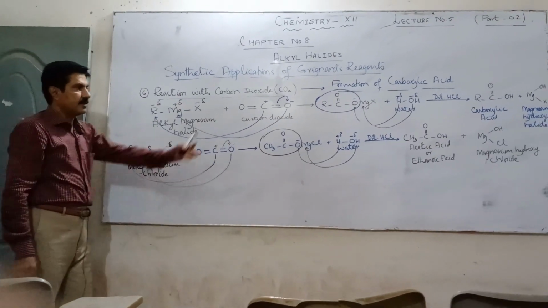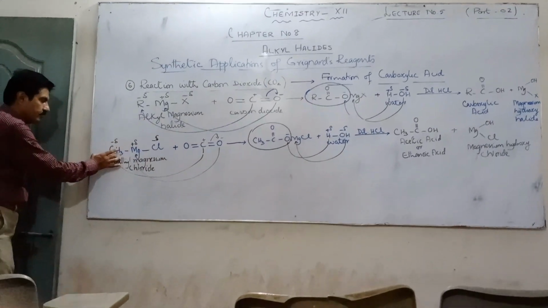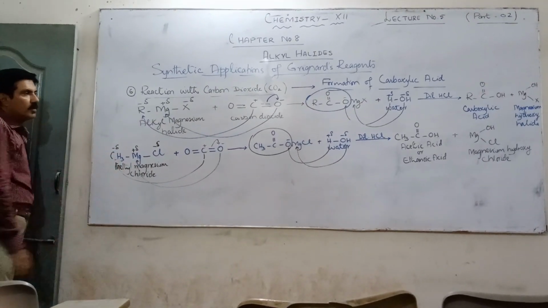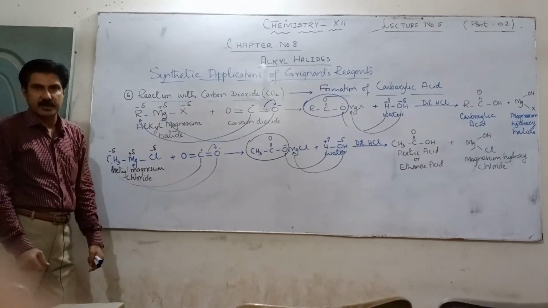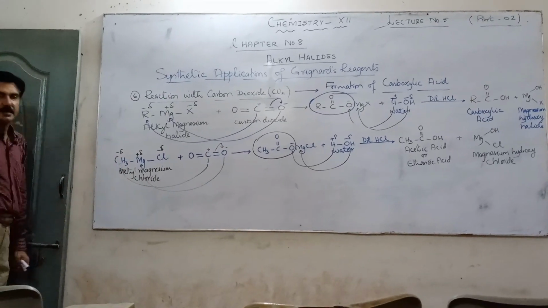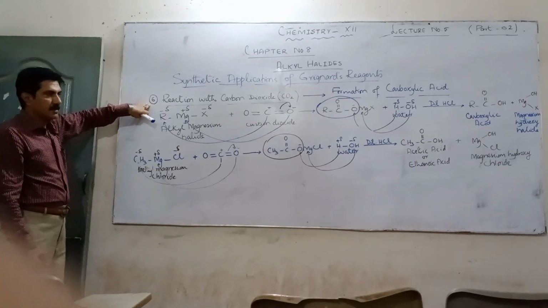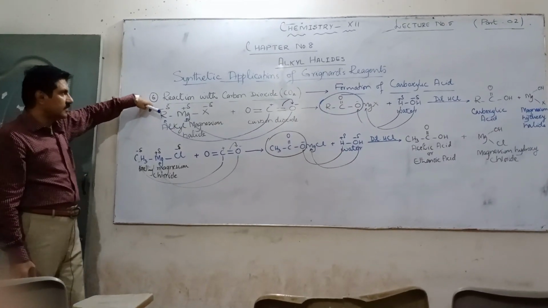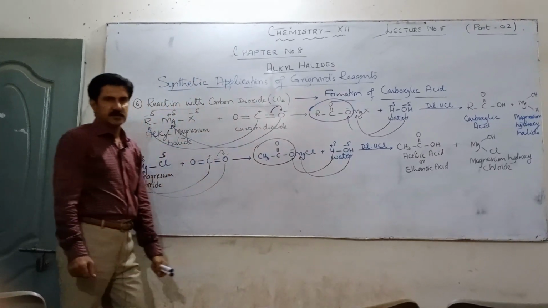If you want to make valeric acid or pentanoic acid, you have to take butyl group here. So any type of carboxylic acid you want to make as a product, you have to take such type of alkyl radical here. So this was the 6th synthetic property of alkyl magnesium halides, which was the reaction with CO2, and the product obtained was carboxylic acid.